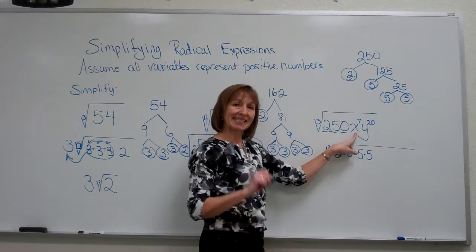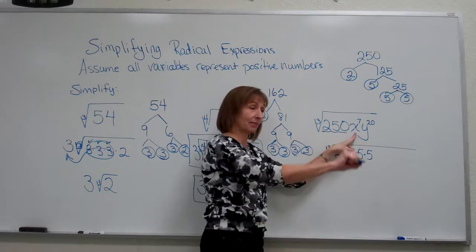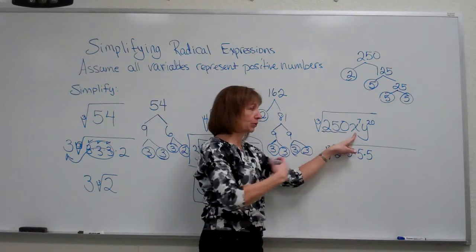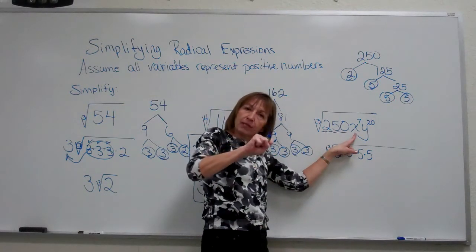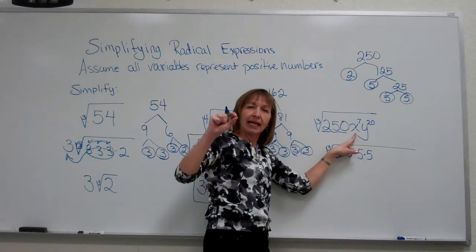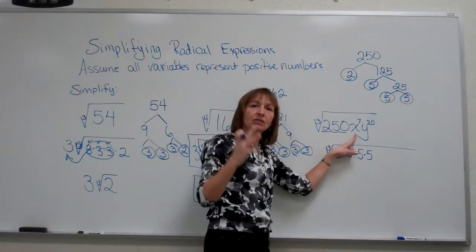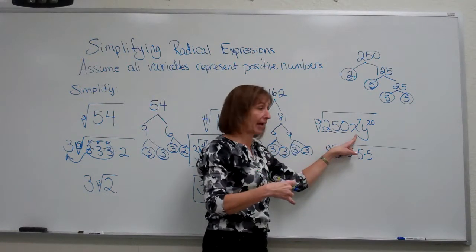For the x's, instead of writing x times x times x times x times x times x times x, 7 factors of x, which would make it really long, I'm going to realize that every 3 groupings of my factors of x would be something that could bring an x out. And the exponent is what shows me that I have that many factors of my base of x.